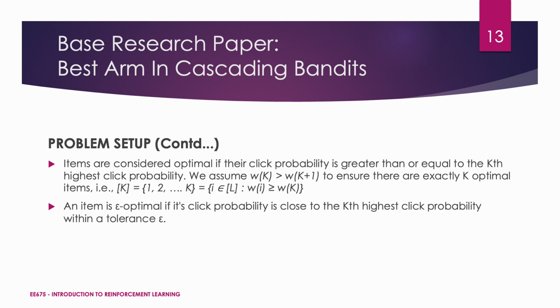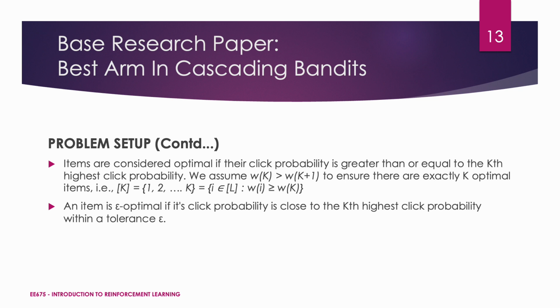Now, continuing further with the problem setup, items are deemed to be optimal if their click probability exceeds or equals the kth highest click probability. To ensure that only K optimal items are selected, it is assumed that the click probability of the kth item, which is Wk, is greater than the click probability of the (k+1)th item, which is Wk+1.